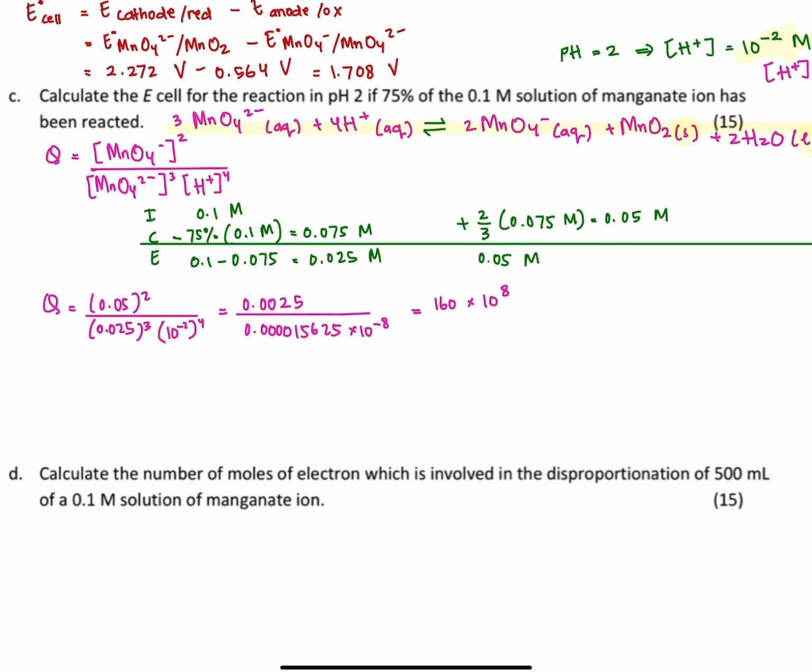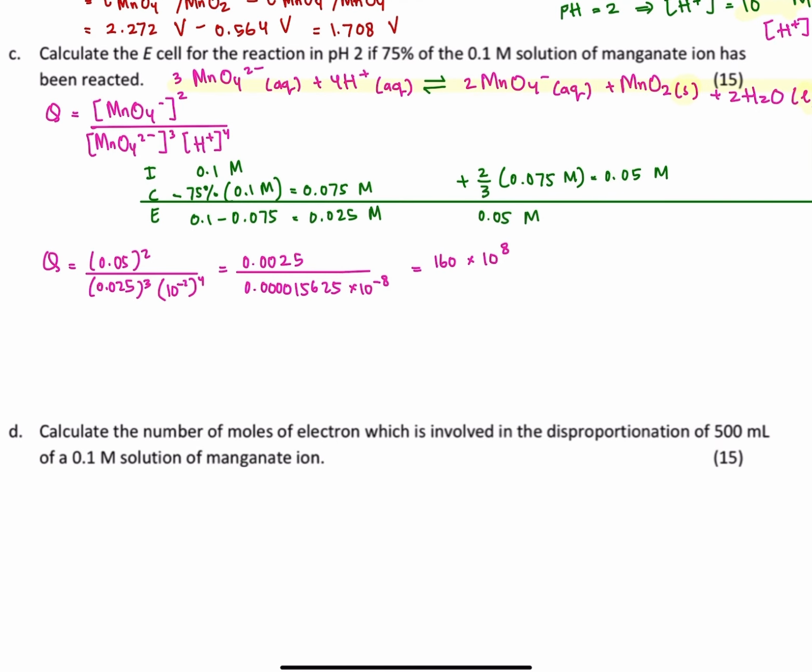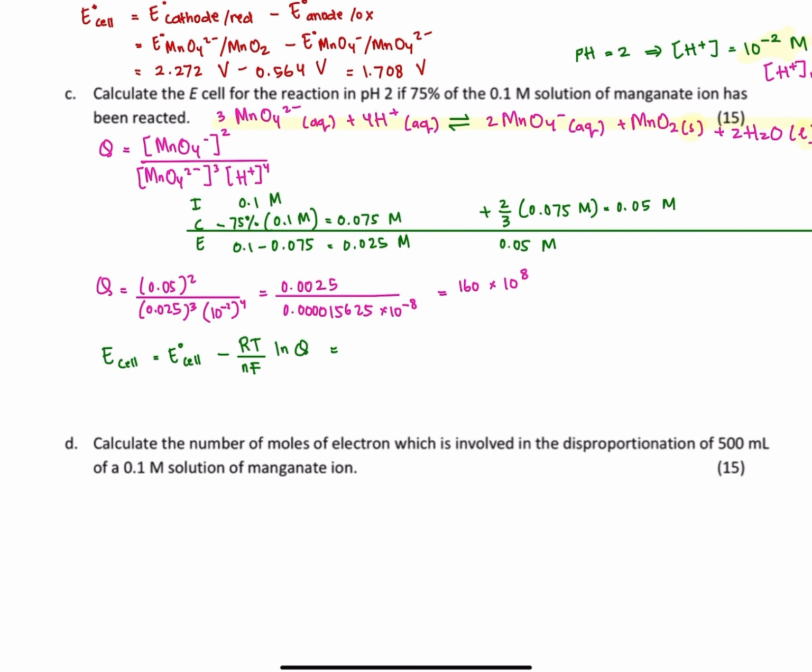So in that case, we are going to calculate the E cell, which is using the Nernst equation. So E cell, this is not standard because the concentration of the species here is not 1 molar, it's not 1 atmosphere, for example. So here we need the standard cell potential that we have calculated, and then the R that we are using is this value, and then the temperature should be in Kelvin.